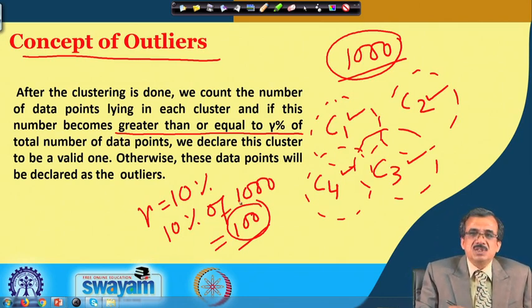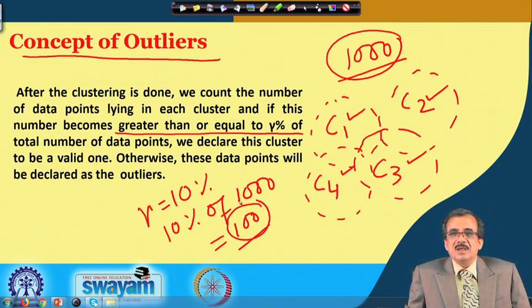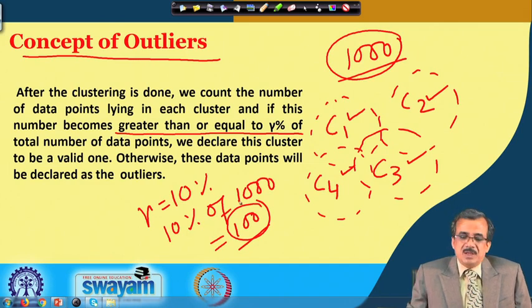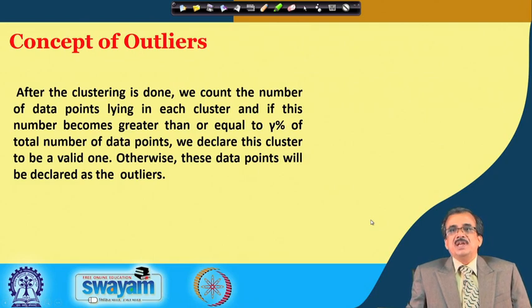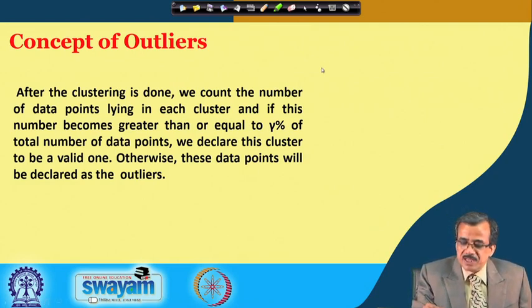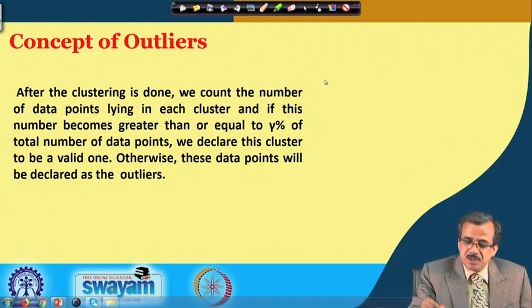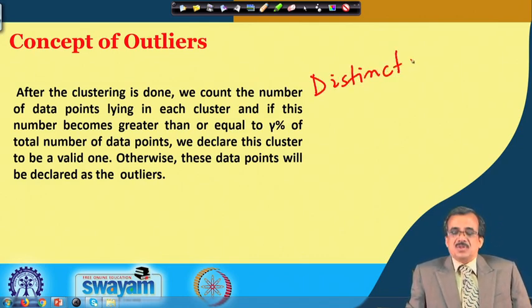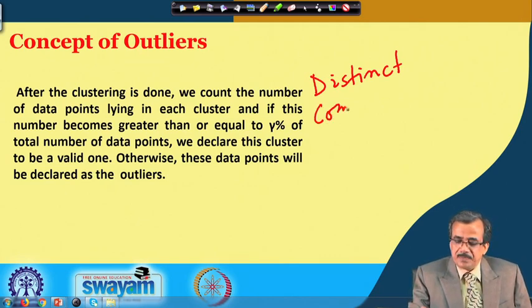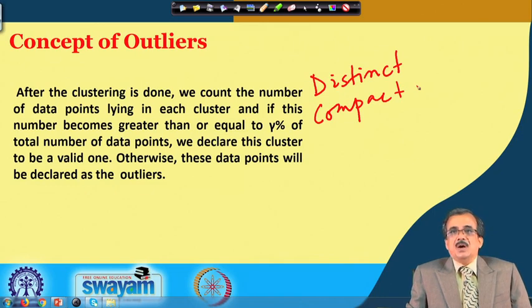Now, this is the way we do the clustering, and as I have already mentioned, while doing this clustering we have to be very careful. The cluster has to be distinct, this I have already discussed. The cluster has to be compact, and at the same time there should not be any outliers.